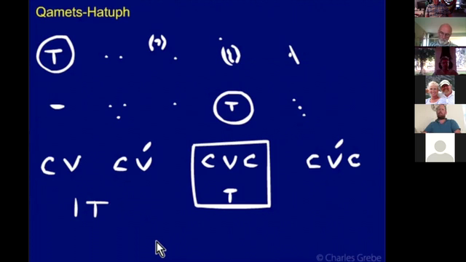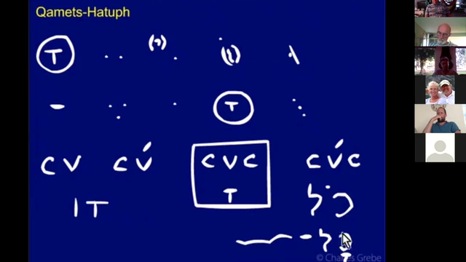Another one to remember, just because it occurs, it's really part of this rule, but we dealt with it already under maqaf. Kol, when it has a maqaf, will have a little Kametz Hatuf there. And that's because it's reduced. The rest of this word causes the stress.